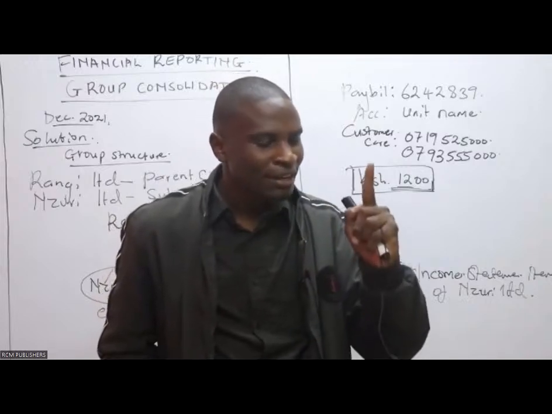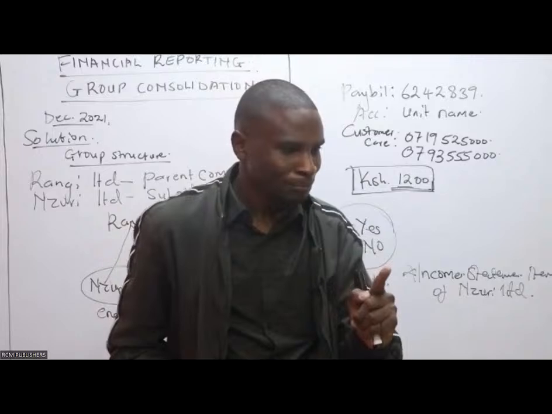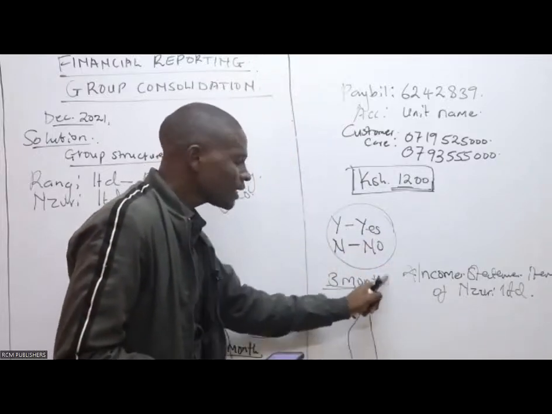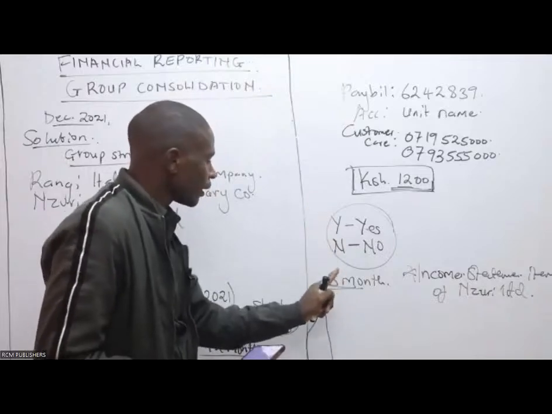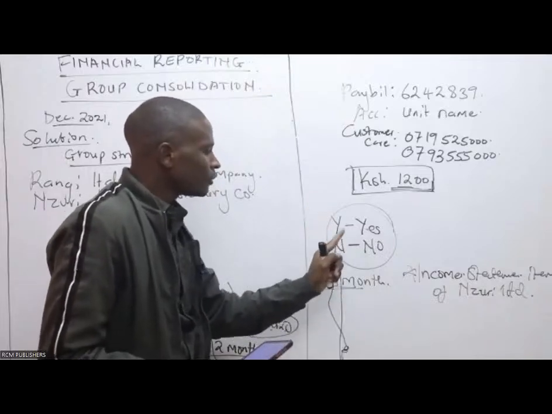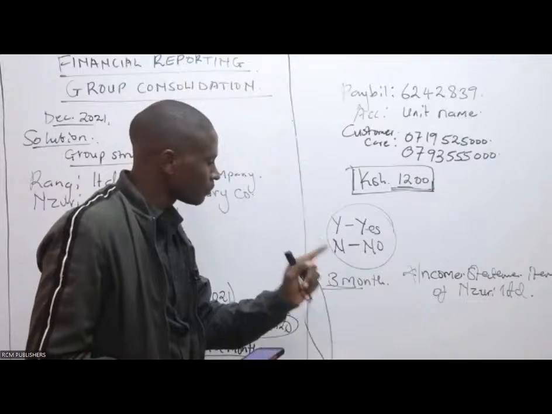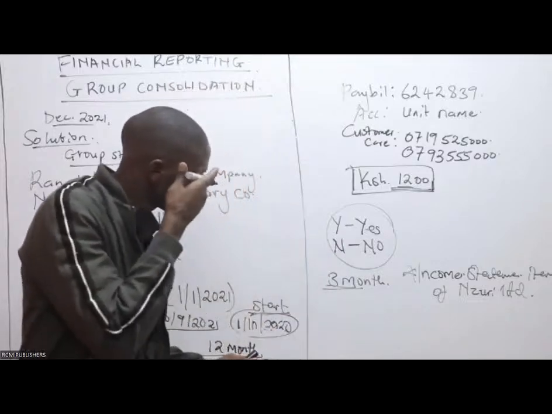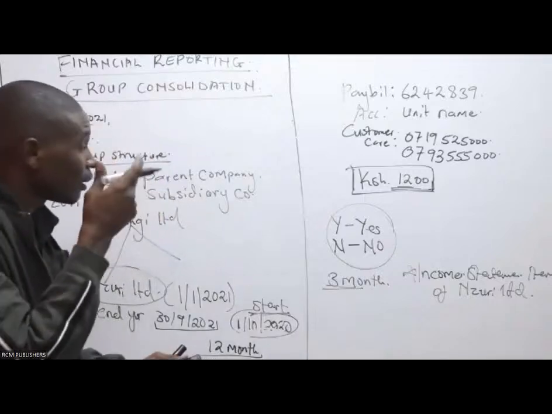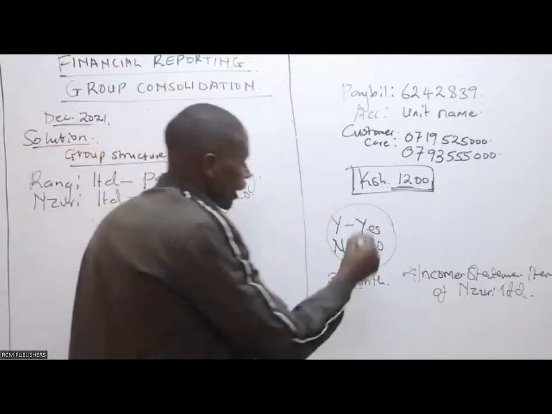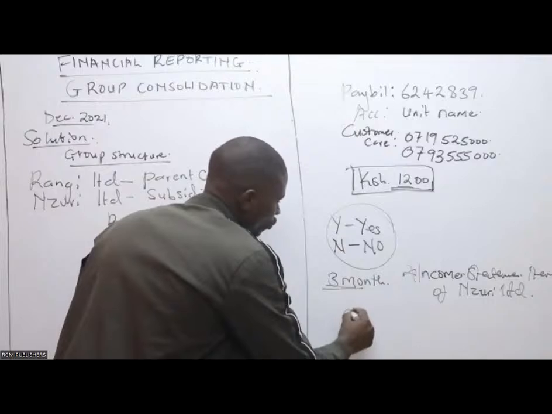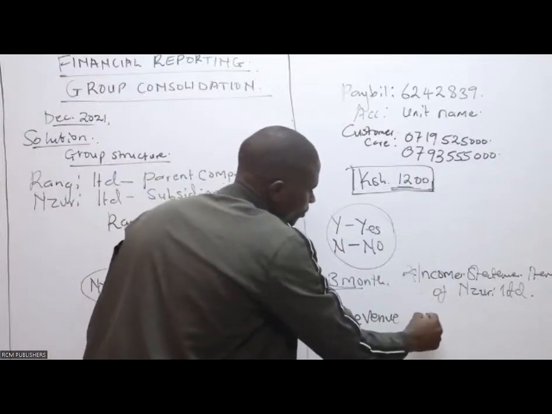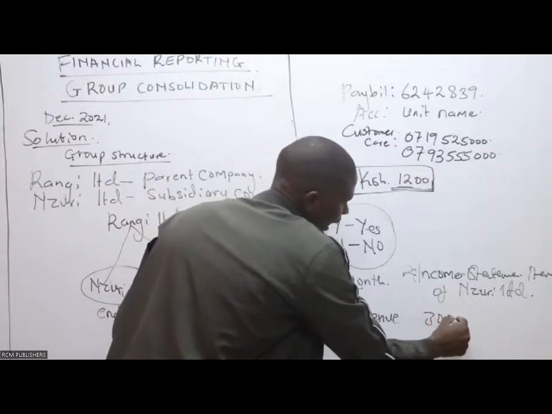I repeat the last point. I'm saying, since our Rangi Limited, which is our parent, acquired Zuri Limited, which is our subsidiary, in between its financial year, we apportion, for example, let's say revenue of our Zuri Limited was 300.